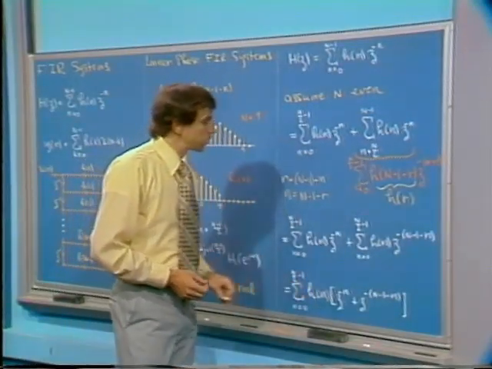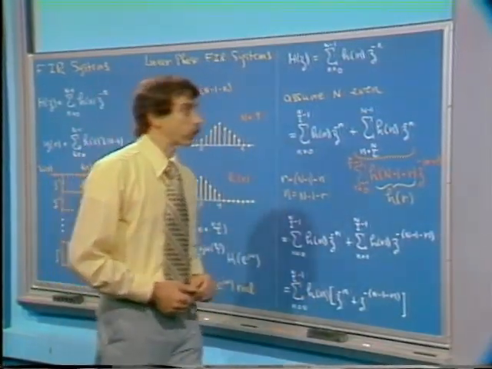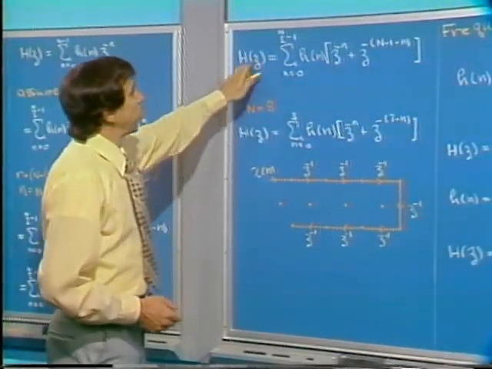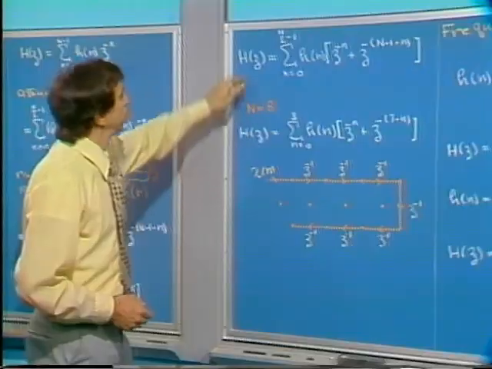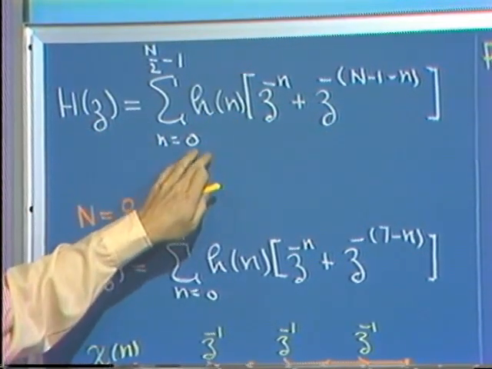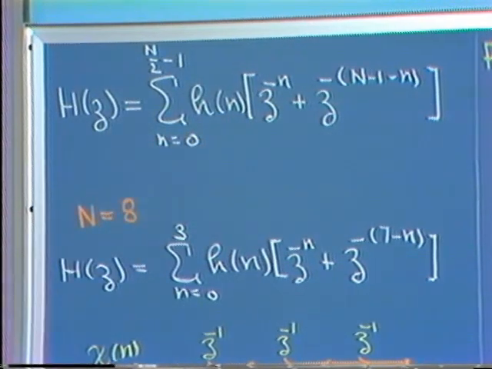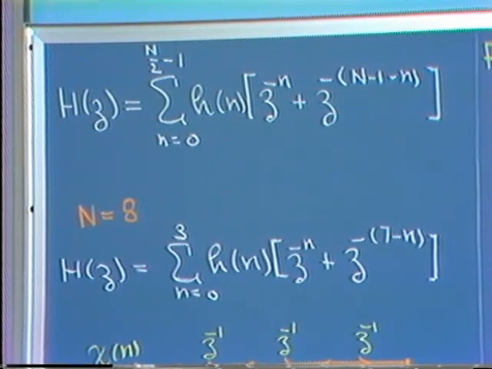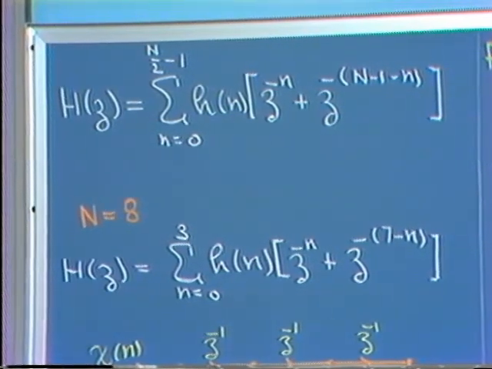Well, let's see what this implies in terms of a filter structure. Here I've simply rewritten, again, the general form for the transfer function, assuming that the system is linear phase, as we've just previously worked out. This is just simply a rewrite of the previous expression. And let's look at this.